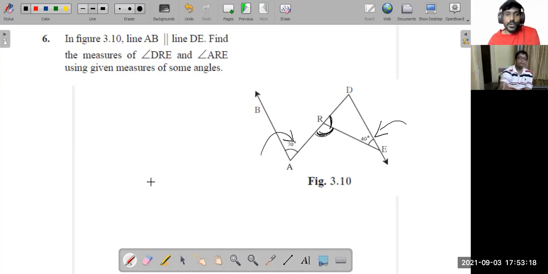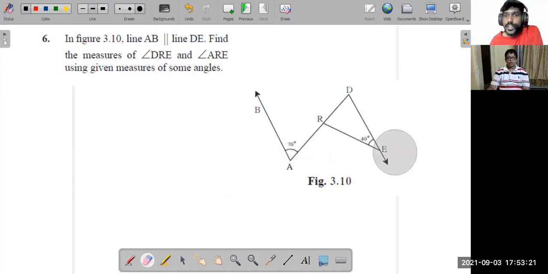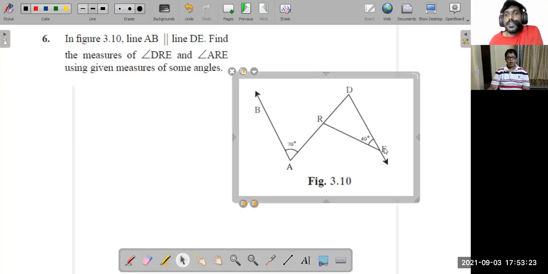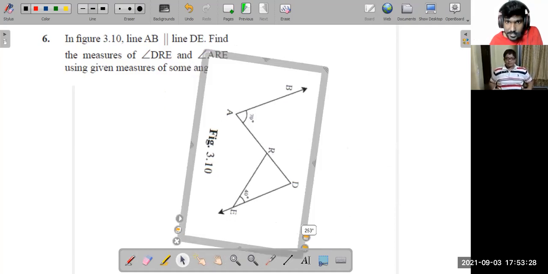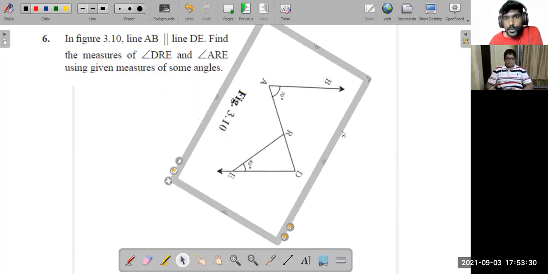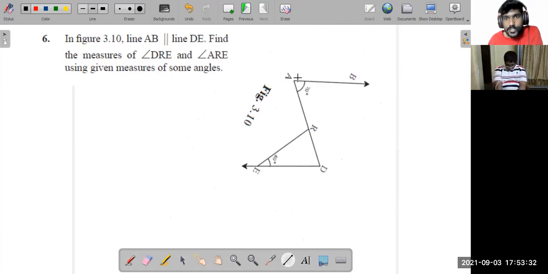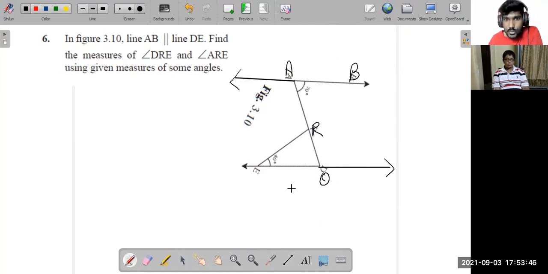Yes. Now here we need to use the transversal property. For better understanding, I'll just tilt this. Now I'll just extend this. There's no need to do all this, it's just for you to understand. So you see now, this is A, this is B, this is R, this is Q, this is E. This is 70 degrees, this is 40 degrees.